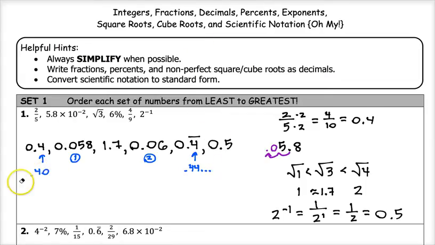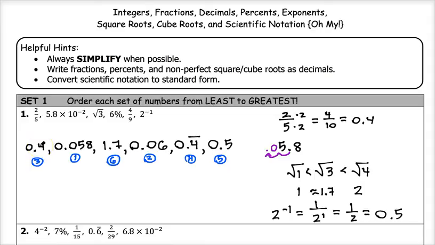So that means the 0.4 alone is our next smallest number, followed by the 0.4 repeating. 0.5 is going to be the next in our list, and then the largest number will be the only number that has a 1 in the units place, 1.7. That's the only number in this list larger than 1, so it's the sixth number.